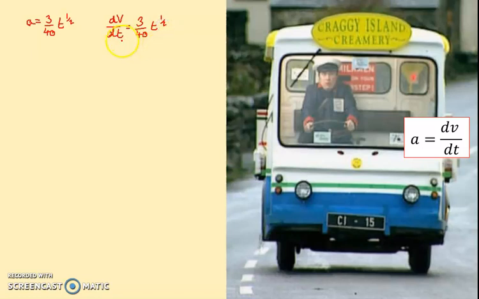Now this is one of those easier differential equations where you separate the variables, yes, but effectively there's no v, so I can just think of this as moving over and becoming an integral of dv equals the integral of 3/40 t to the half dt.